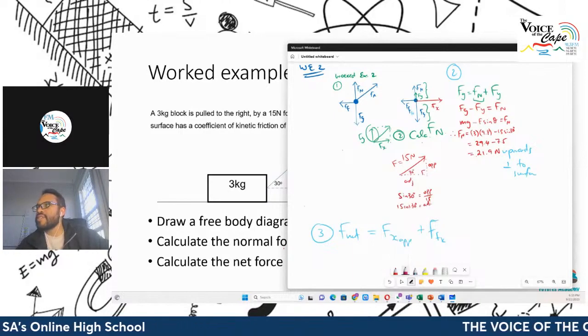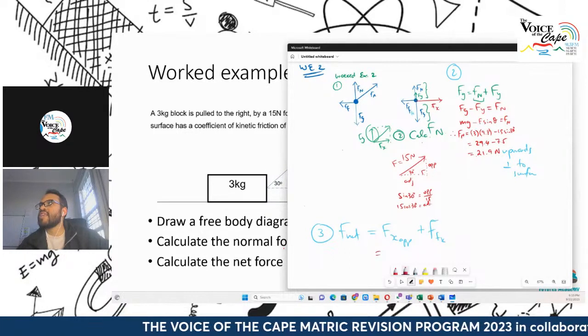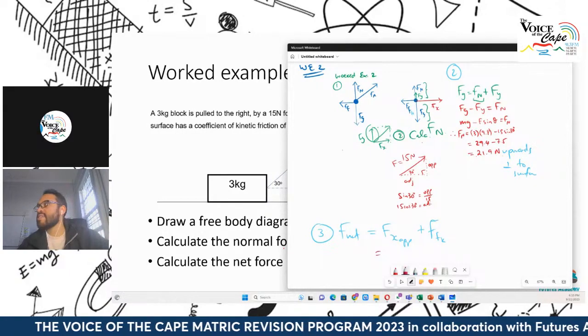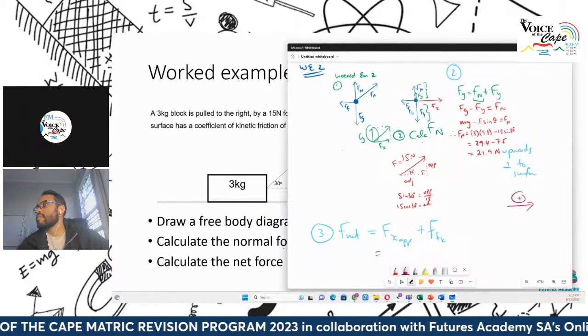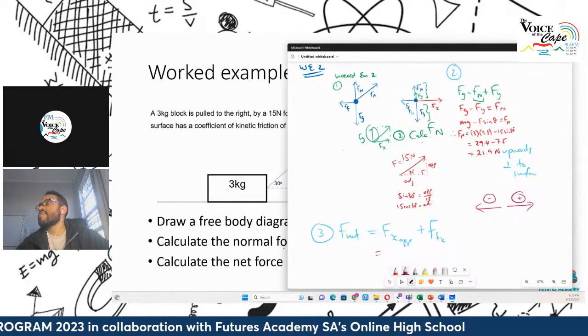Now again, before we substitute into this, we need to determine a direction. So I'm going to take the direction of motion as positive, and I'm going to take this direction as negative.